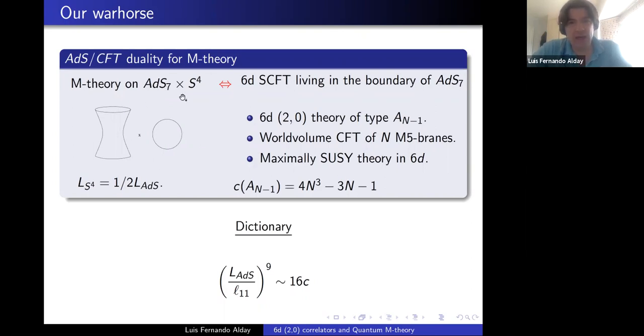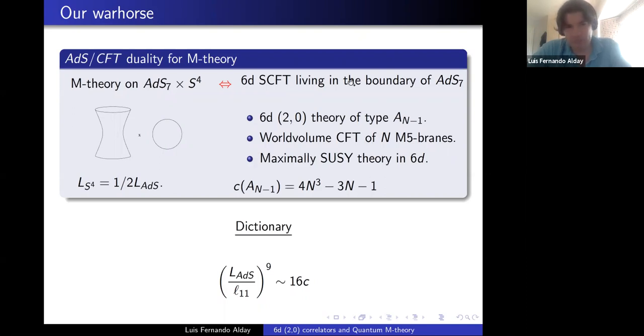And this theory happens to be the 6-dimensional (2,0) theory of type A(n-1). It is the worldvolume conformal field theory that lives on M5 branes in flat space, and it is the maximally supersymmetric theory in 6 dimensions.